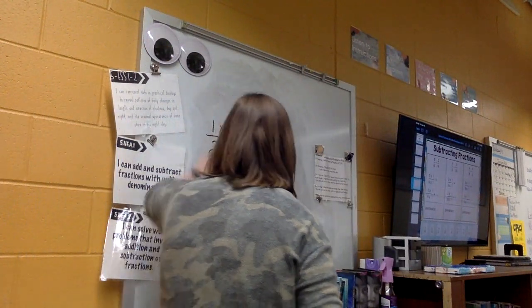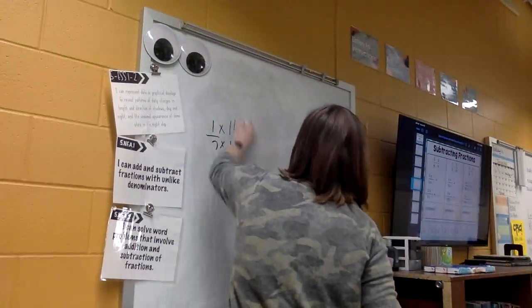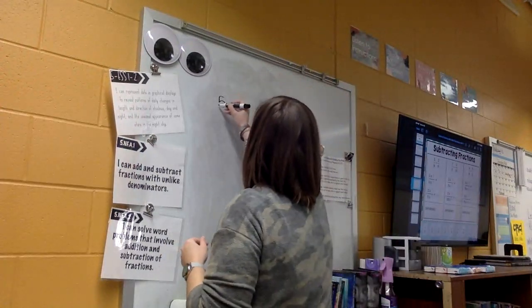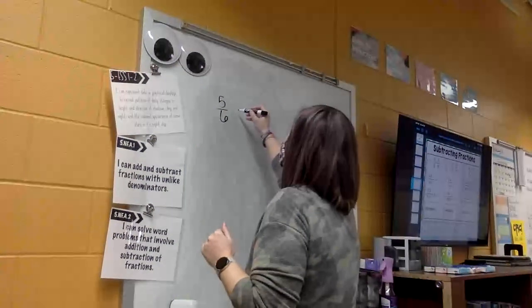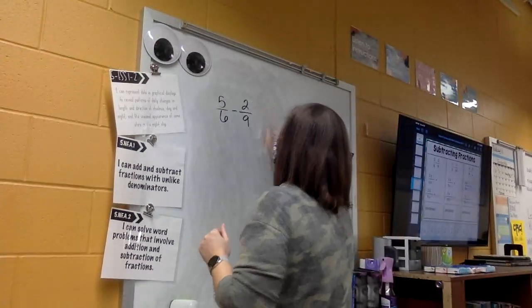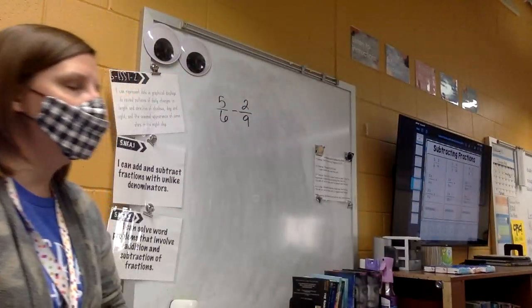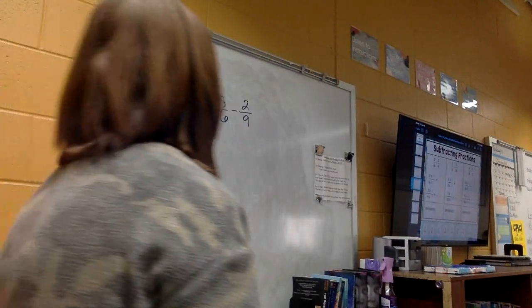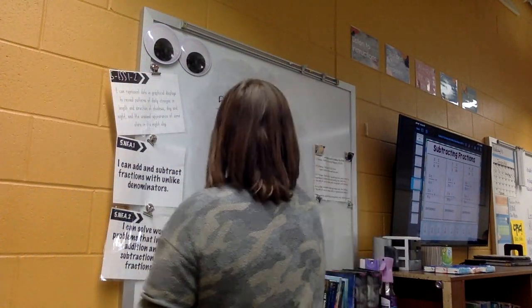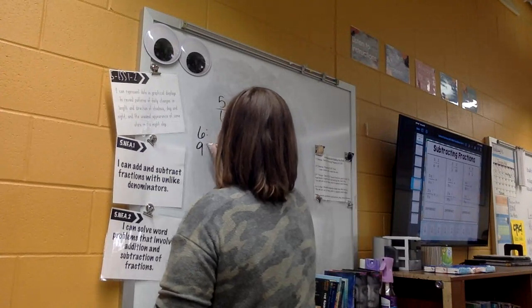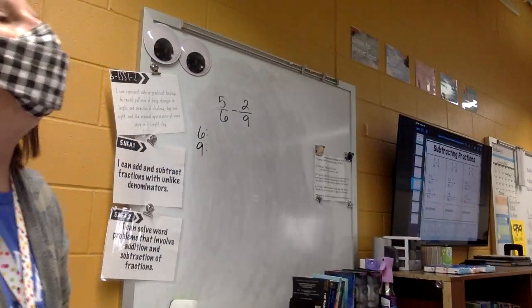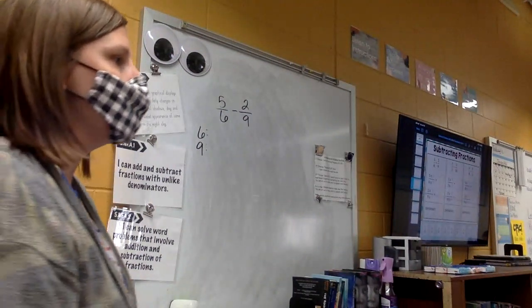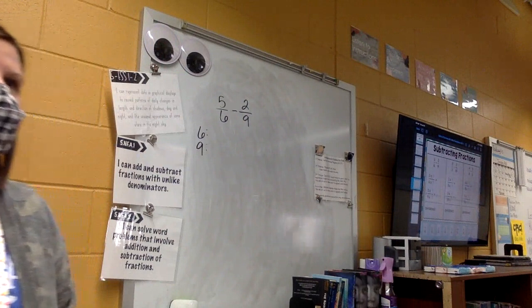Okay? So we're going to subtract. Alright, so we have 5/6 and 2/9. So I have to find my common denominator. I'm not going to multiply because I know there's something else that I can use that is less than 54.